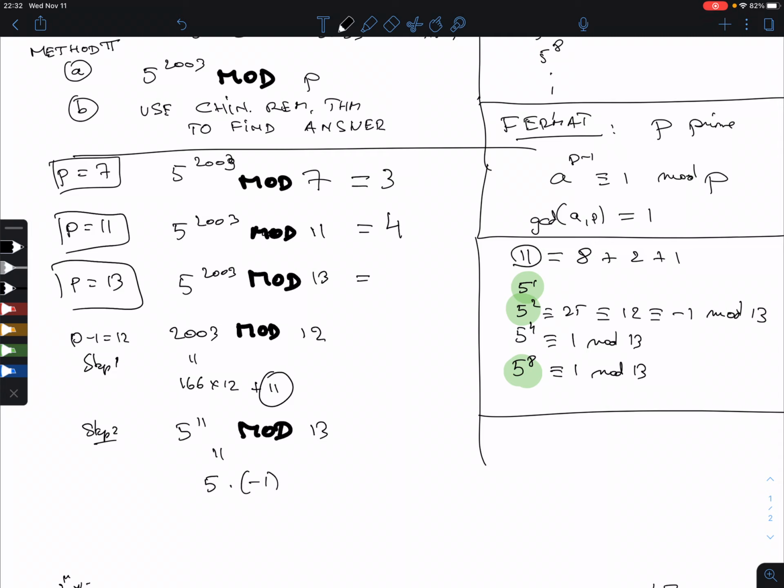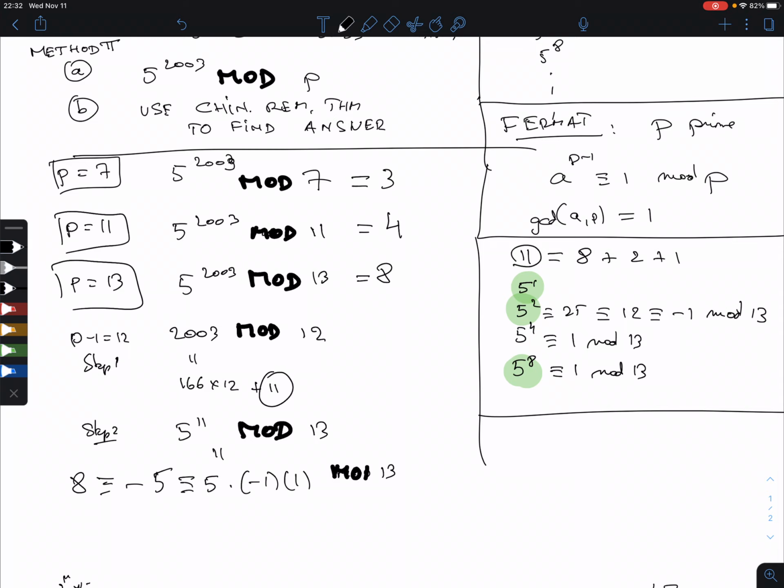And the 8 gives 1. So what we have to calculate is mod 13. So this is minus 5. That is just minus 5, right? And how do you get minus 5? Well, you add 13 and you see that's the same as 8. So the answer is 8.